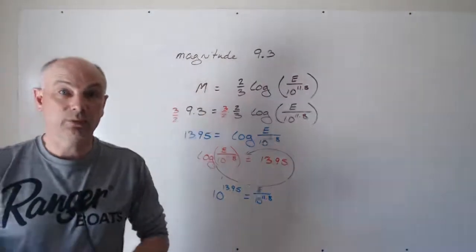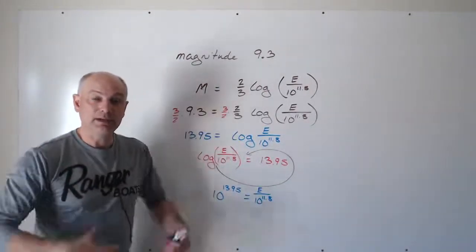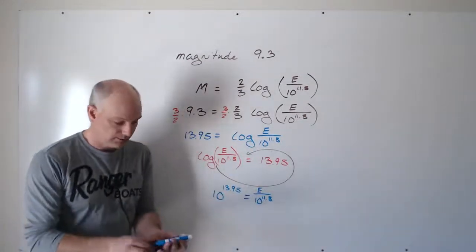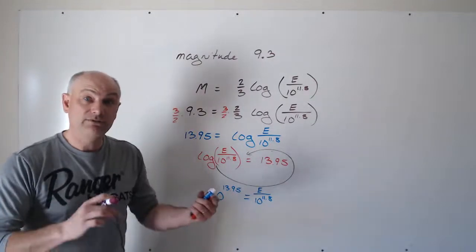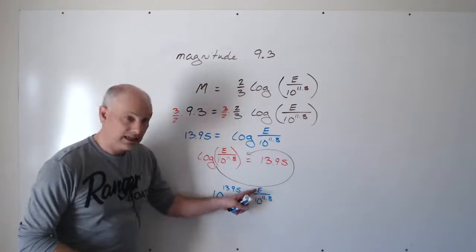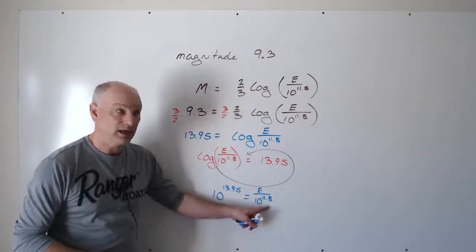So notice that what it's getting at is now I can really get at the e because I'm no longer in logarithmic notation. I'm now in exponential notation. But now remember, these are very, very, very large numbers. So notice, to get e by itself, it's being divided by this 10 to the power of 11.8.